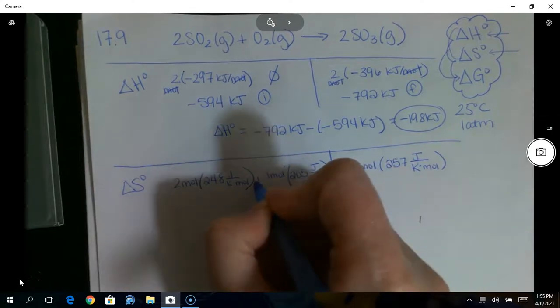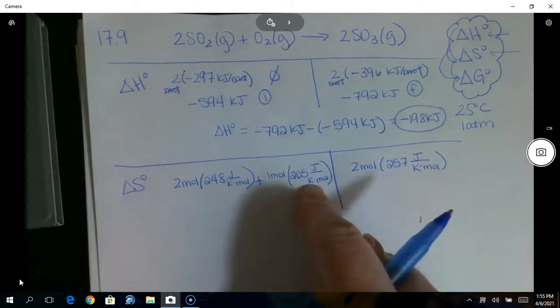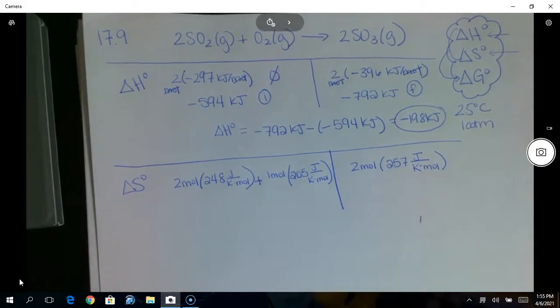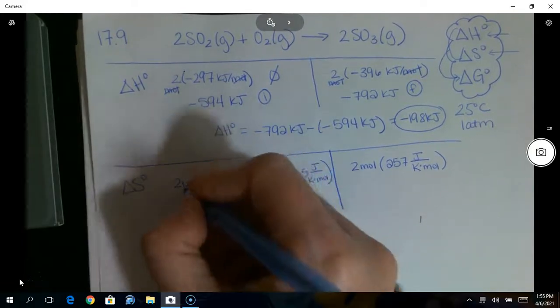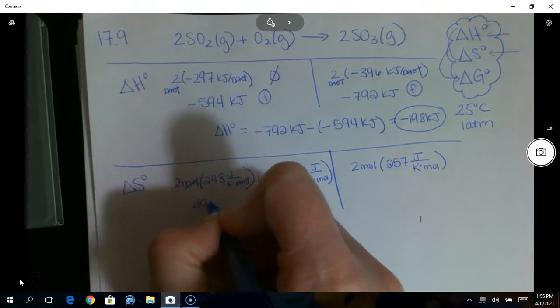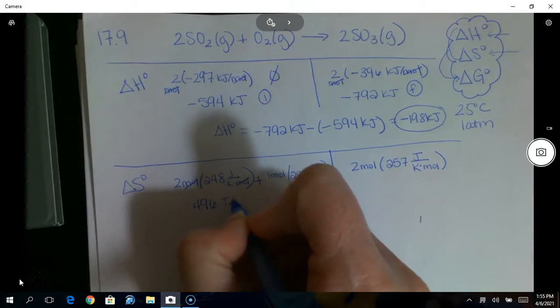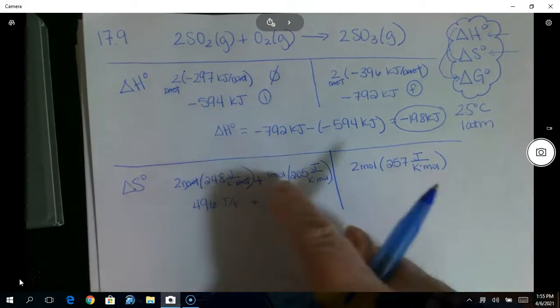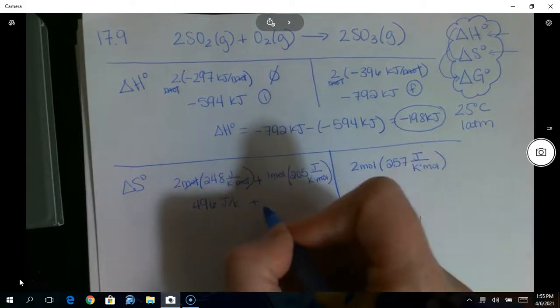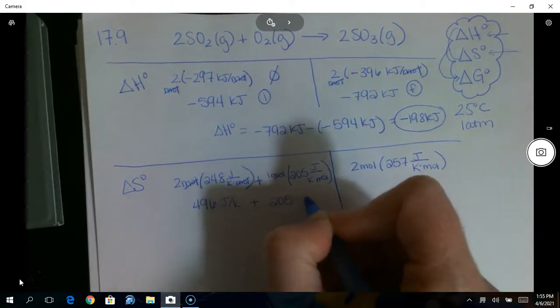So I'm going to add these up to find my overall amount over here. So I have 2 times 248. My moles cancel, and this is going to be 496 joules per Kelvin plus, so this is easy math here. I know my moles cancel, and I've got 1 times 205. We can definitely do that in our head.